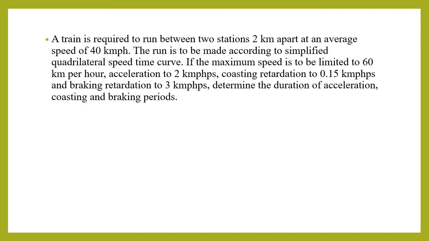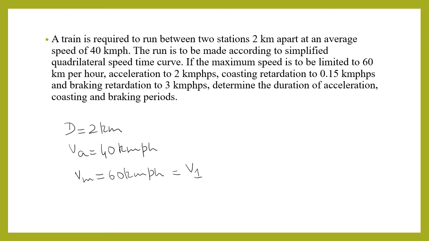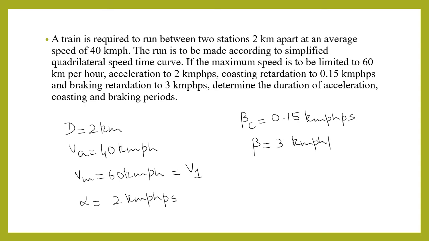So we have D equal to 2 km, VA equal to 40 km per hour, VM equal to 60 km per hour, which is nothing but V1, alpha equal to 2 km per hour per second, beta C equal to 0.15 km per hour per second, beta equal to 3 km per hour per second.